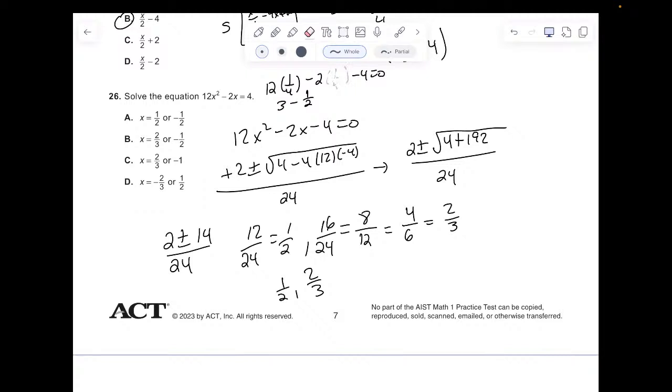Ah, I see. That's 1/2. Minus 1 minus 4, which is equal to negative 5. What? Or negative 2. What? Negative 1 minus 4 is negative 5. This is equal to negative 2. Well, that's a bummer.